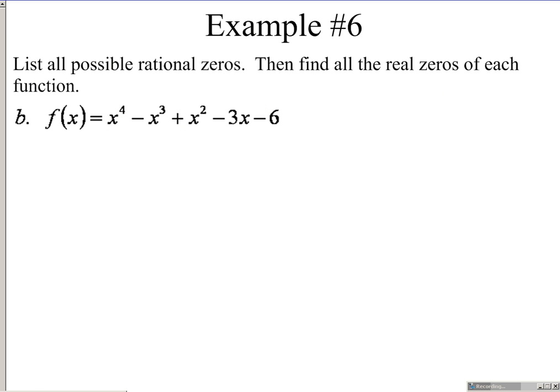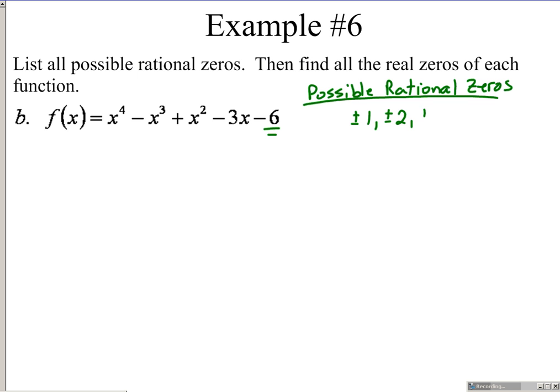Okay, do the same thing here. List all the possible rational zeros, then find the real zeros. Start with the possible rational zeros. I'm going to take all the factors of that. So plus or minus 1, 2, 3, and 6.